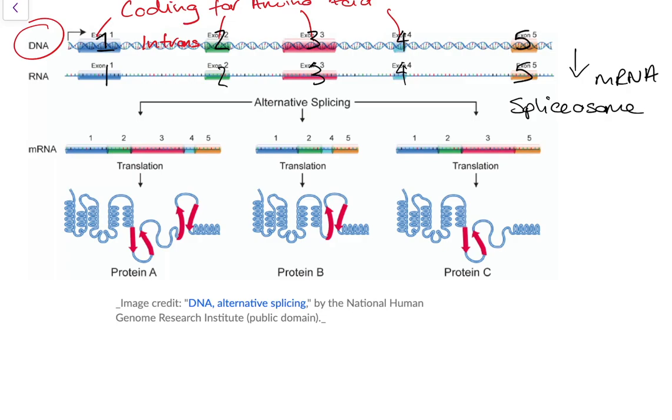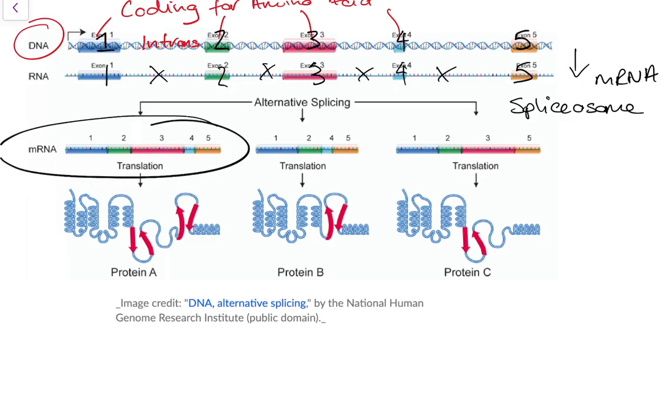Now it can chop out different regions. It can chop out different introns, or in fact not include the exon. So the first thing is we can just get rid of all the introns and stick all of the exons together. And now we've got a mature mRNA which has exons 1 to 5.